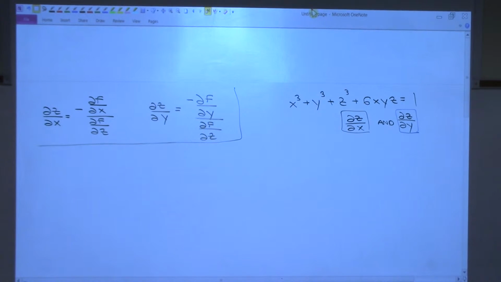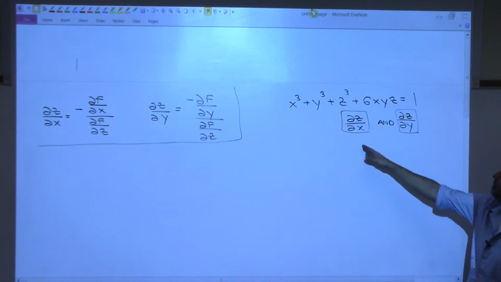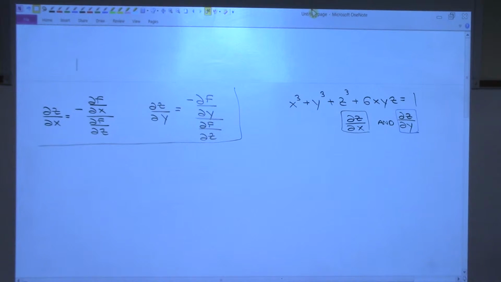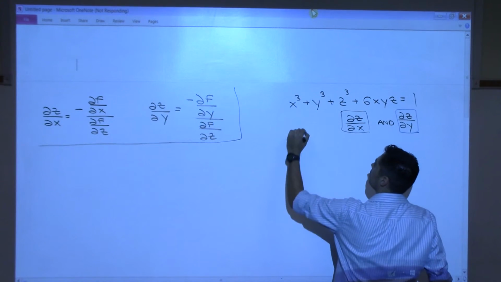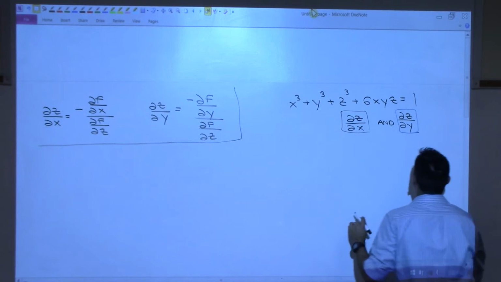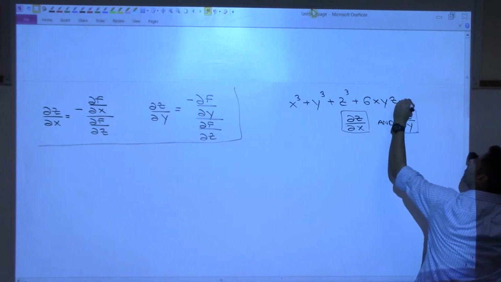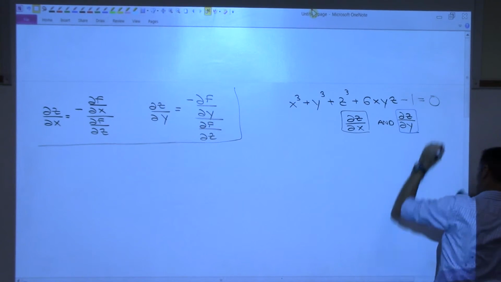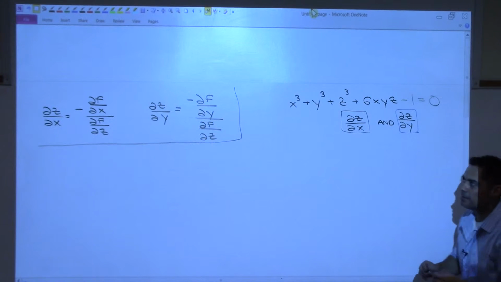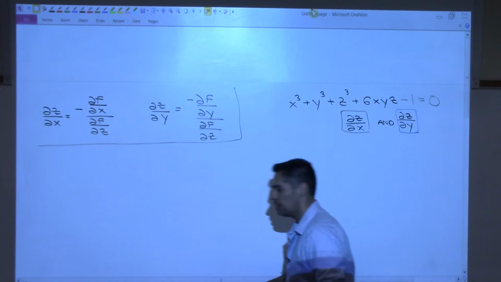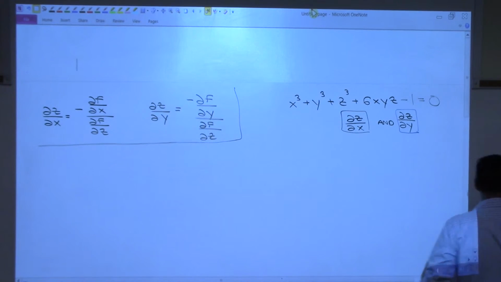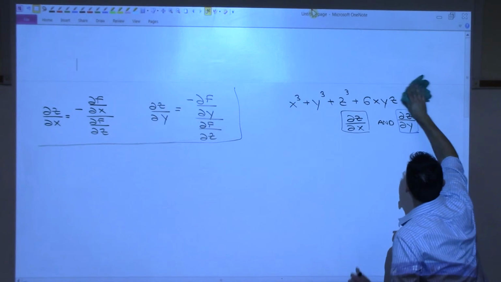All right. What we'd like to do is take that and find these two partials. The first thing I'm going to do is move everything to one side and make it look like this. Bring everything over. Minus 1 equals 0. Is that all right?